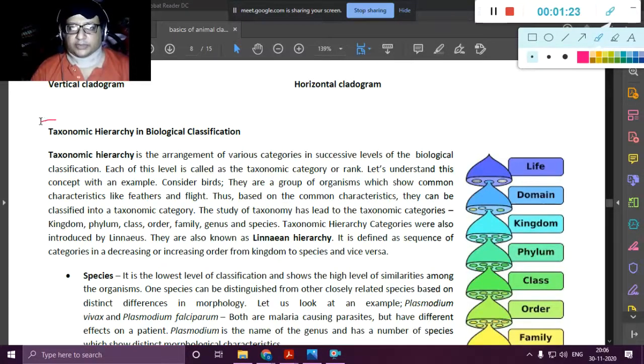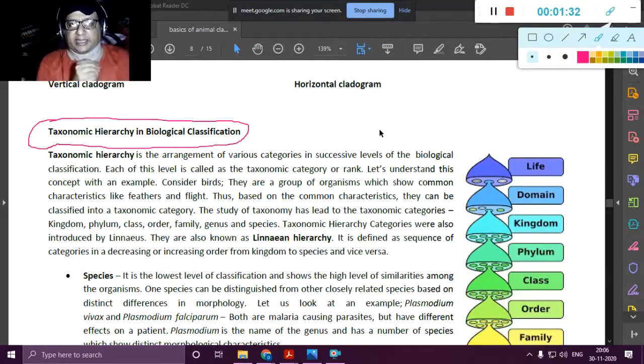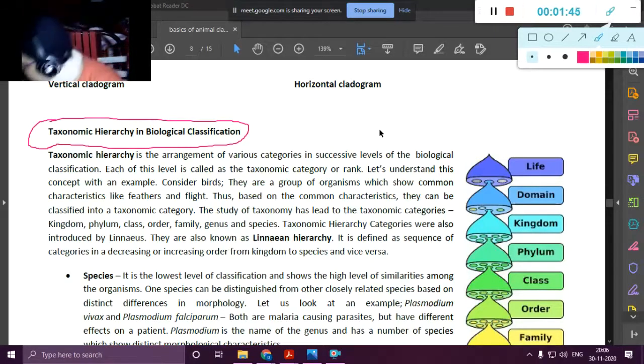So the first thing which we will be studying is what is taxonomic hierarchy in biological classification. By hierarchy you mean that it is a level. So you have a bottom level, on top of that you have an upper level, on top of that you have another level, on top of that you have another level.